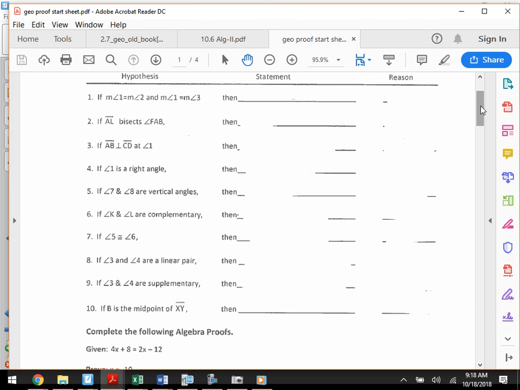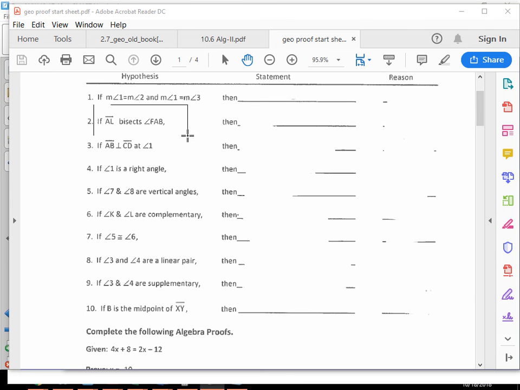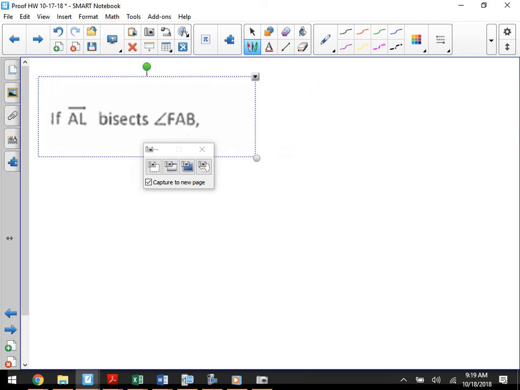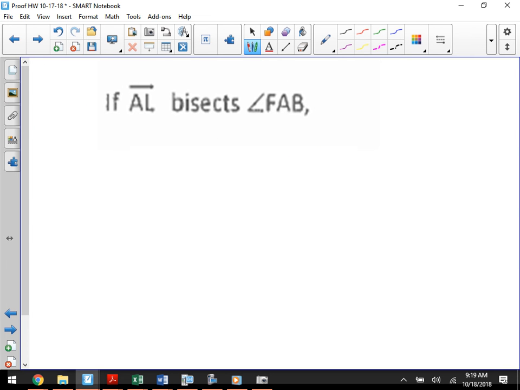AL bisects angle FAB. What would that look like? What would you draw first? Okay.